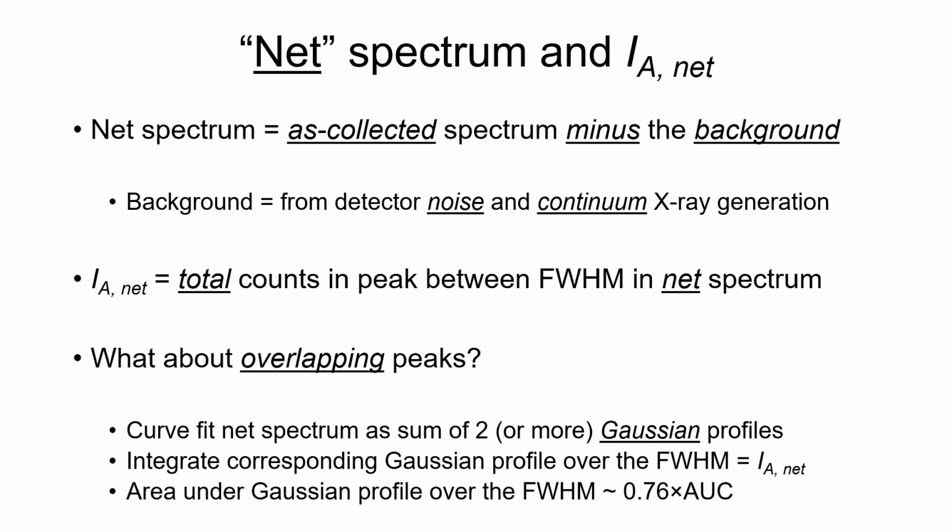What happens if we have peaks that overlap? In that case, we use some math. We have to do curve fitting using Gaussian profiles. Once we have a Gaussian profile that models our peak of interest, we can use that to figure out the net counts associated with that peak.